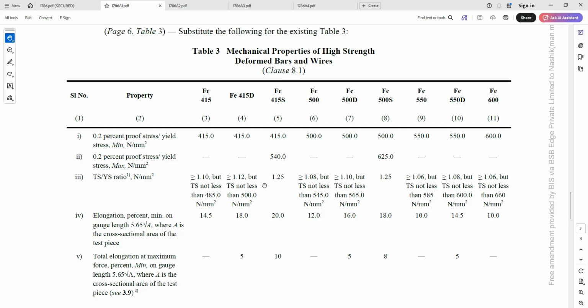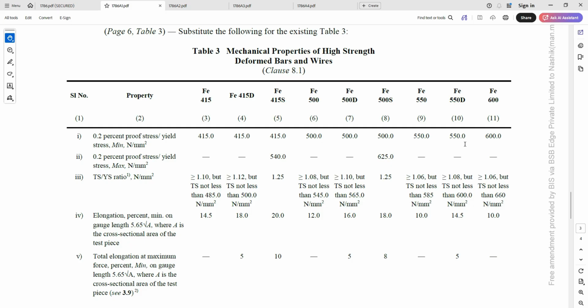If I look at Fe550D, it is 1.08. If I look at Fe550, it is 1.06. So both of these mentioned in 1786 are non-compliant to IS 13920. Means I have a full choice to go with either 550 or 550D, provided I specifically mention the conditions given in IS 13920.